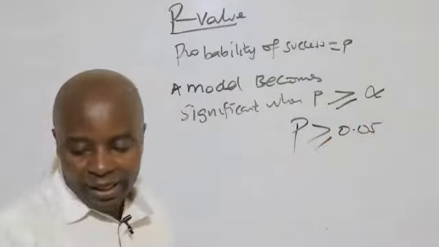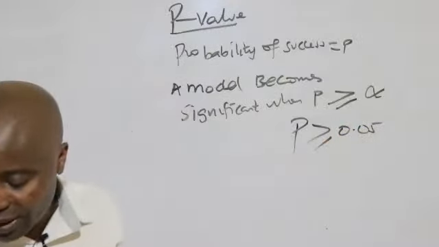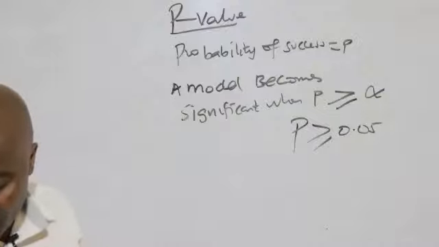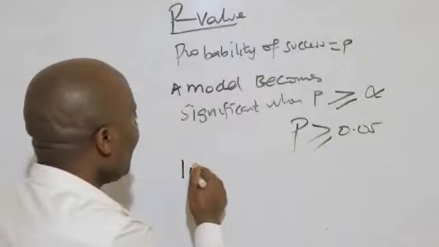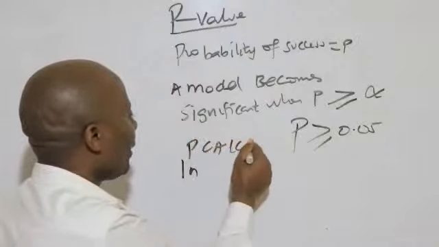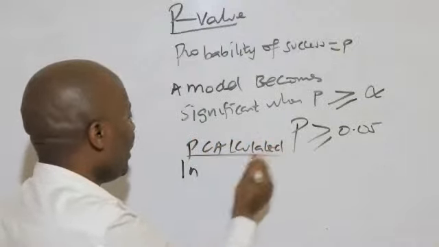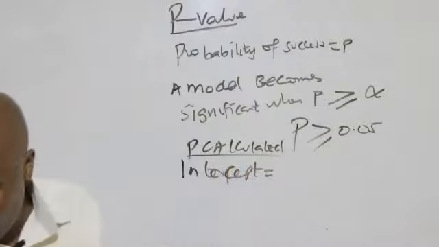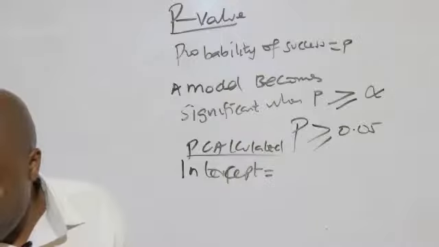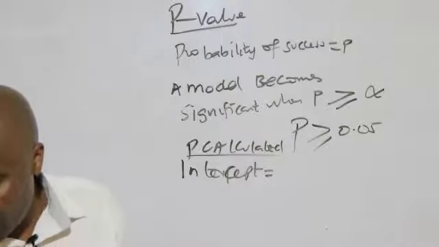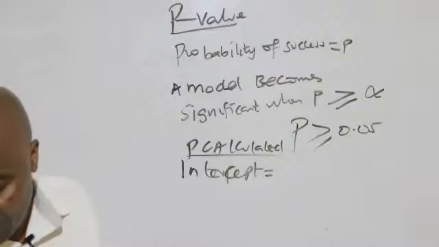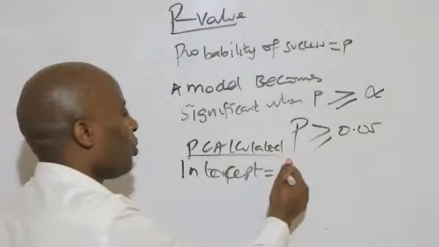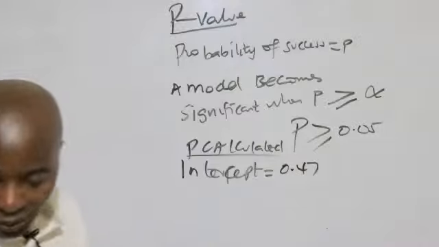Just that. And you can see the P values given, ladies and gentlemen. Like the intercept, I can see straight away the P value is 0.47. We go to the next one.